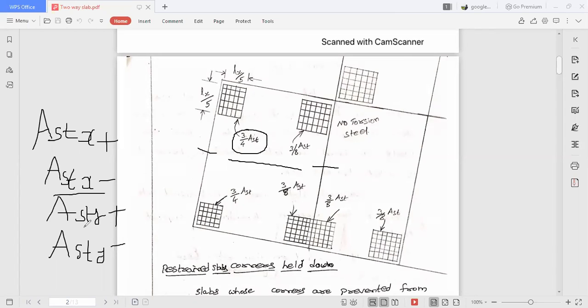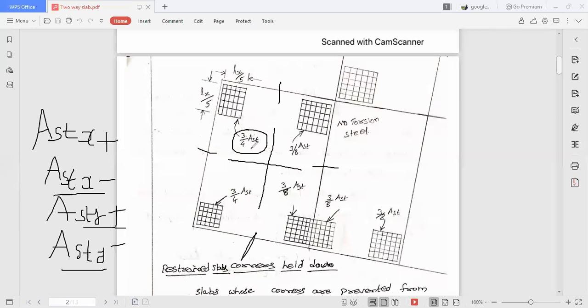In the same way, ASTY positive: positive means mid span, Y means longer span, longer direction. So ASTY positive is in the longer direction at the mid span. And what do you mean by ASTY negative? The steel which is provided in the longer direction at the support. So negative means the support, Y means longer span.